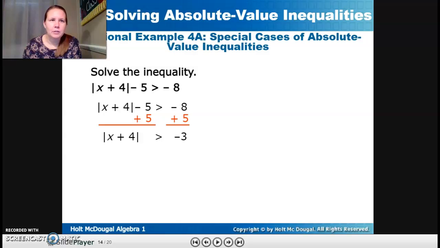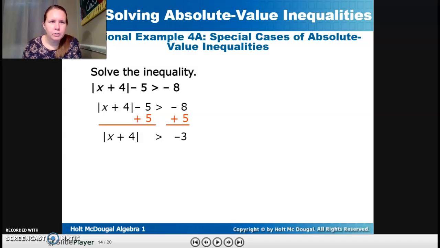What happens when I do that is I have negative 8 plus a positive 5, which gives me negative 3. This is running into a problem because remember we talked about that absolute values are never equal to a negative. But think about this, an absolute value is greater than negative 3.